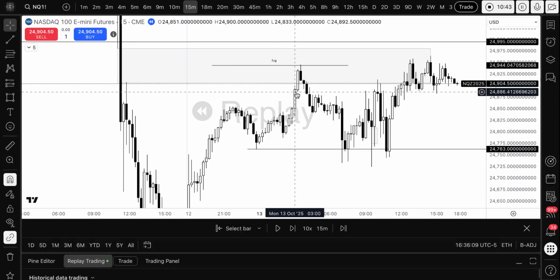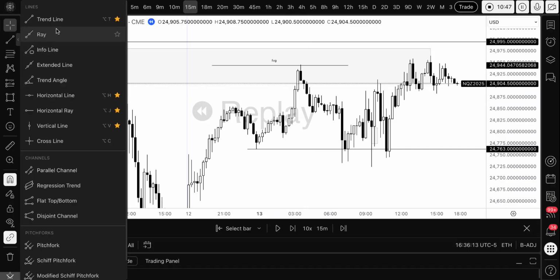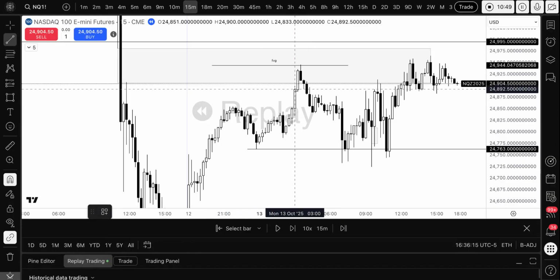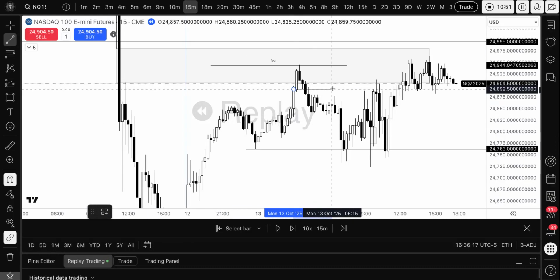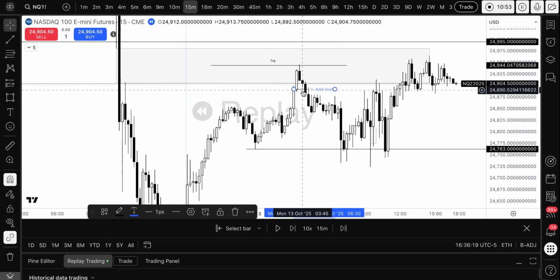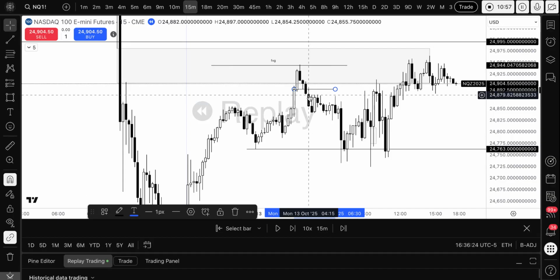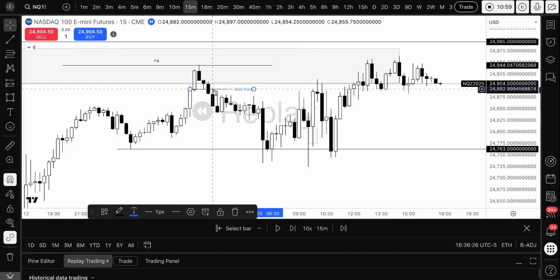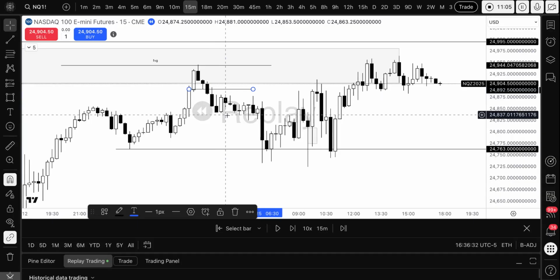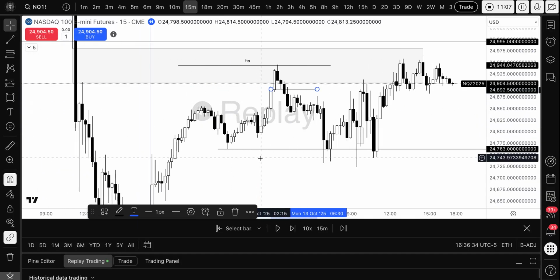So when it breaks down and starts closing below, and it engulfs here on the 15-minute chart, it engulfs the 15, 30-minute 4 o'clock candle, gives you a fair value gap, reaches up into that fair value gap here, and trades back down in the direction of the higher time frame bias.